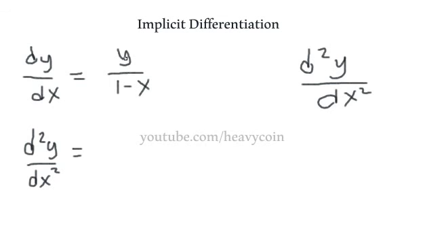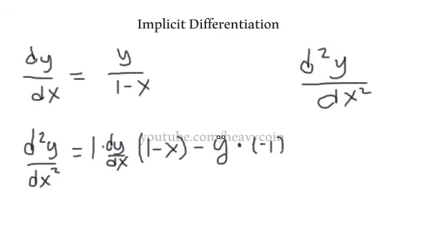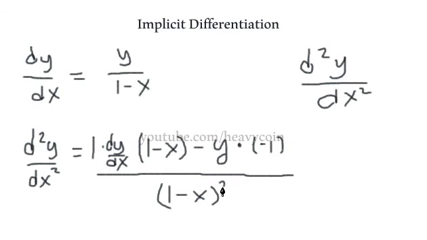So look, quotient rule, take the derivative of y. What's the derivative of y? It's just 1. But because we're taking the derivative of y, we've got to write dy over dx. So that's the derivative of the numerator times the denominator minus the numerator times the derivative of the denominator. So derivative of 1 minus x is just going to be negative 1, right? Derivative of 1 is 0. Derivative of negative x is negative 1. And of course that's all over the denominator squared, right? So this is the quotient rule. The good old quotient rule.